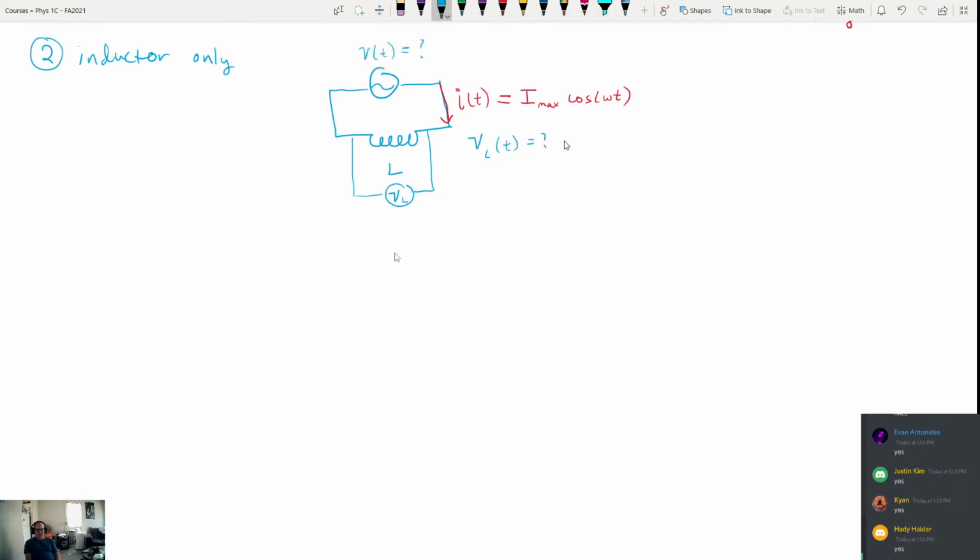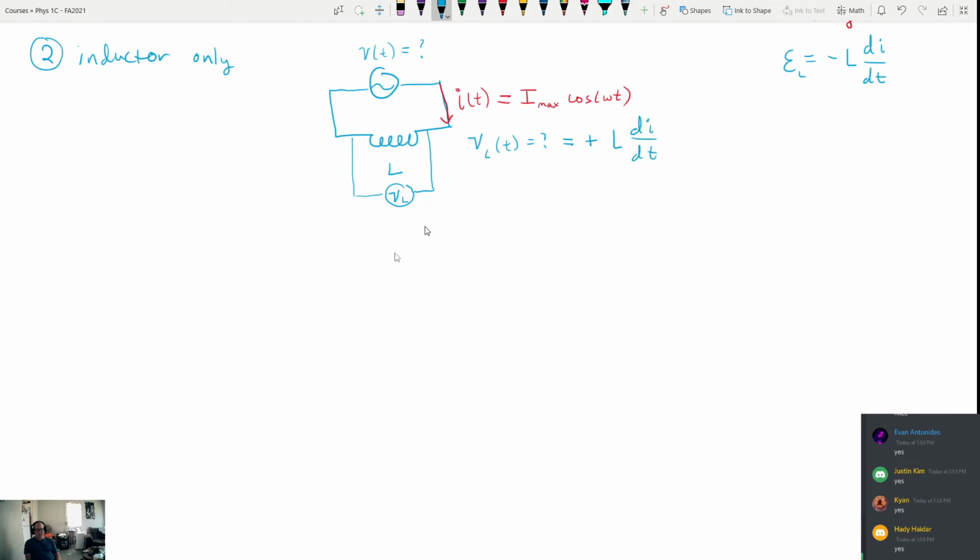And for this, we learned this relationship that the EMF for the inductor, the back EMF, is negative L di dt. And we have current. So in this case, the voltage across the inductor that we actually read here is going to be positive L times di dt.